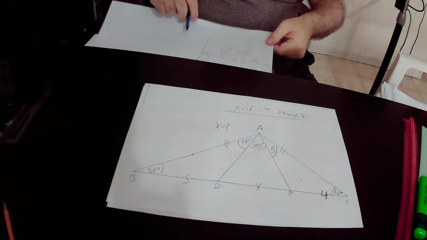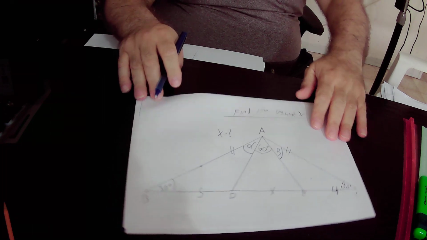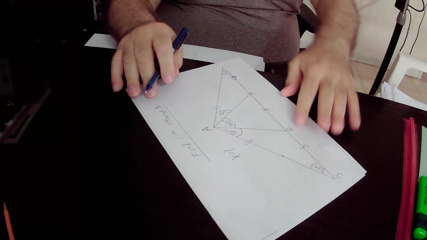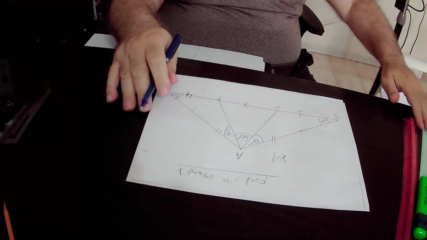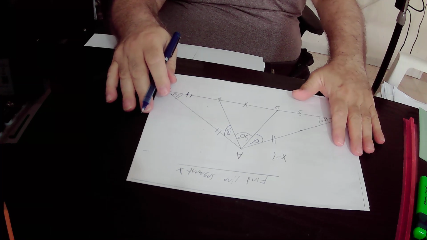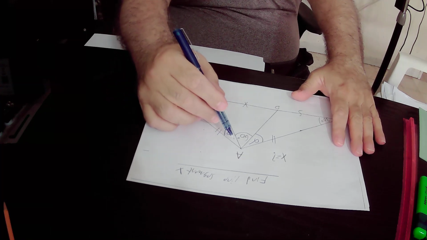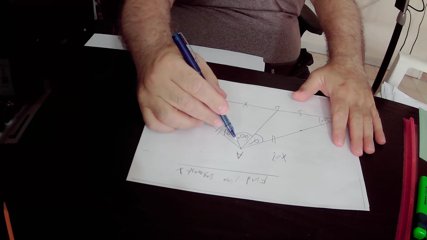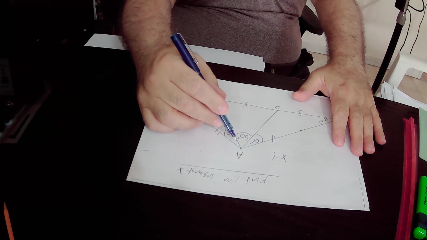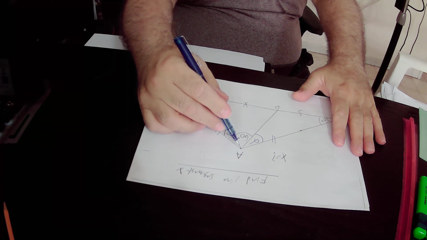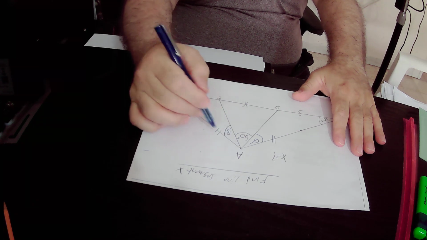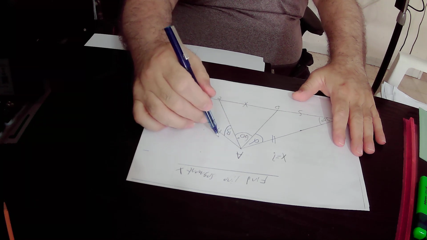In the next step, we'll make two constructions. In the first construction, from point A, we'll draw a straight line in such a way that the angle created between the straight line and side AC will be equal to alpha.